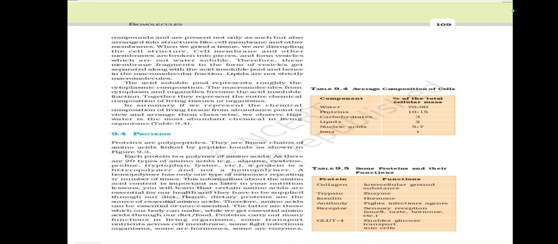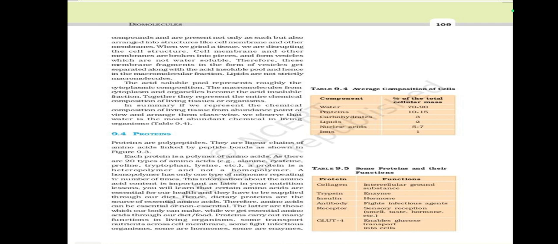The acid soluble pool represents roughly the cytoplasmic composition. The macromolecules from cytoplasm and organelles become the acid insoluble fraction. Together they represent the entire chemical composition of living tissues or organisms.